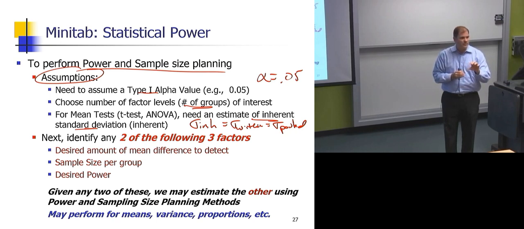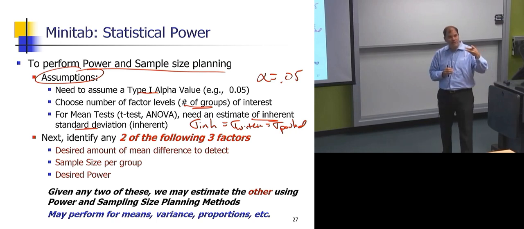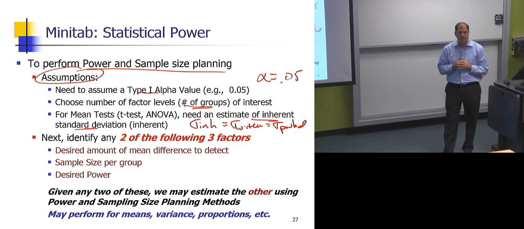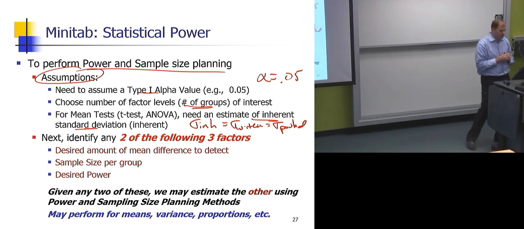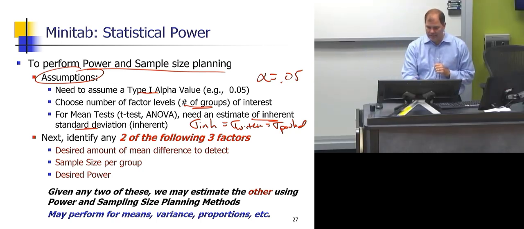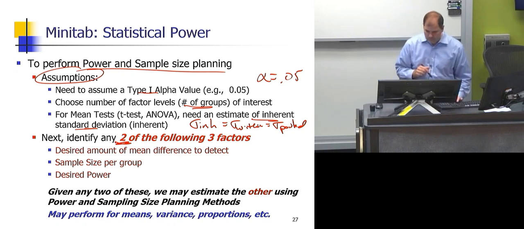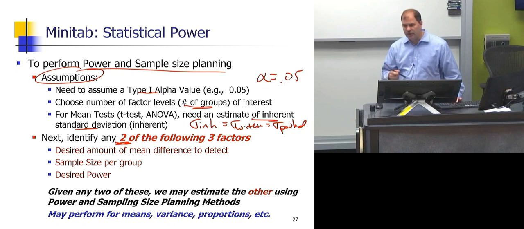The idea of power and sample size planning is you have these 3 variables of interest. Tell me 2, let the software get the third one for you as an estimate. Make sense for you? You need to identify or assume 2 of the following 3. Again, we can do this for means, for variances, for proportions, etc.